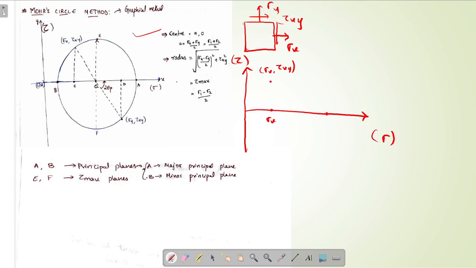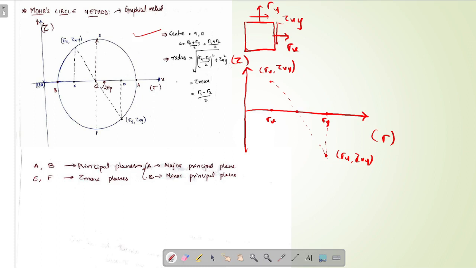And on this particular plane, we have sigma y and tau xy in clockwise direction. So this particular point is sigma y comma tau xy. Joining these 2 points, we will get the center of the Mohr circle.